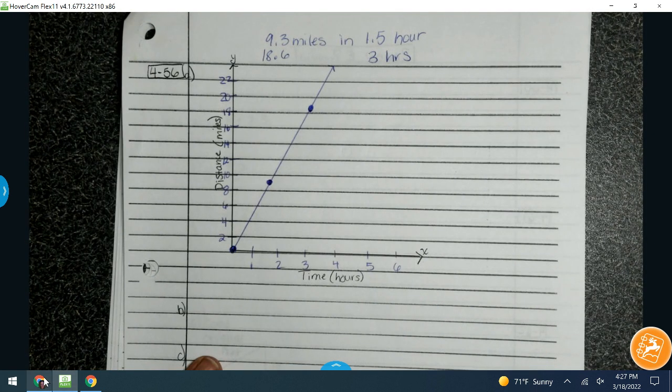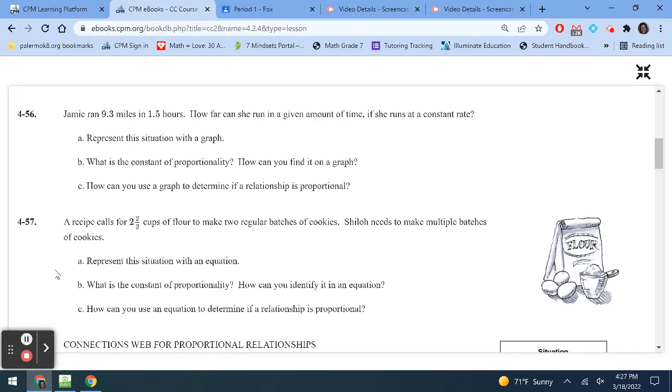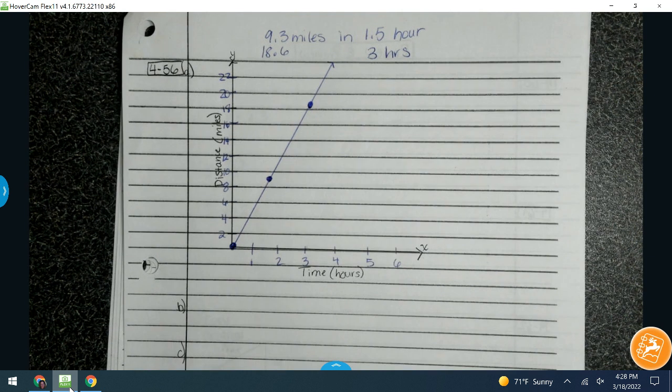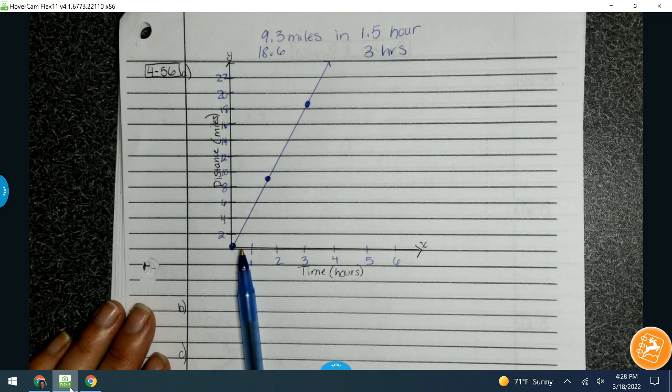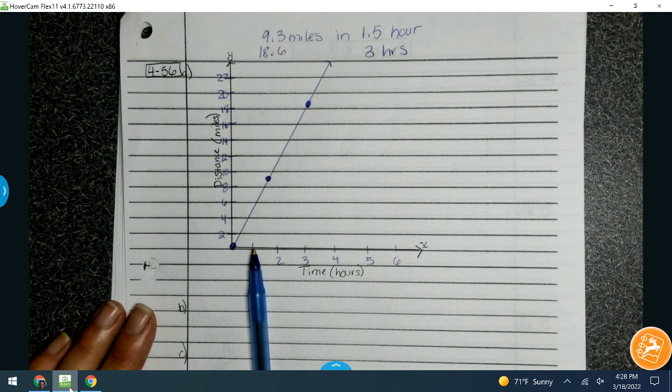Part B says, what's the constant of proportionality? How can we find it on the graph? So we are right here. To find the constant of proportionality, the unit rate, I'm going to come over here to my 1 on my x-axis, my unit.